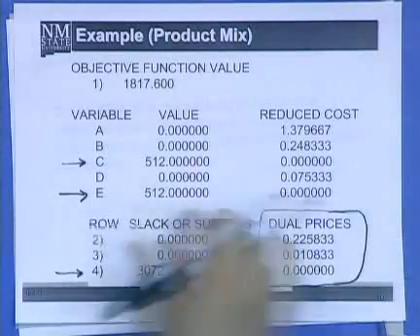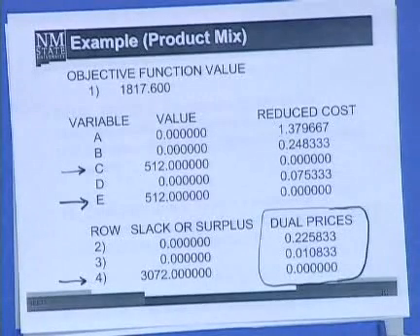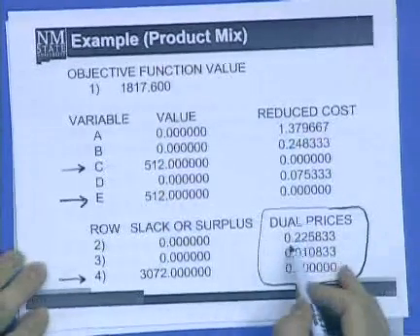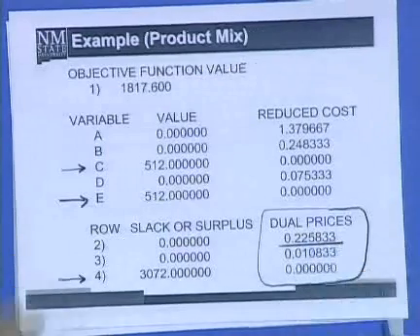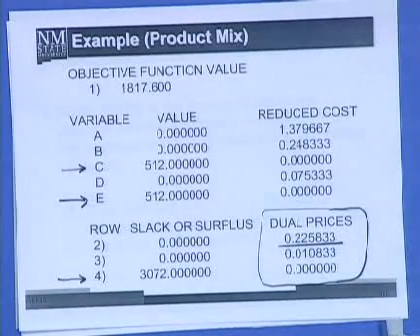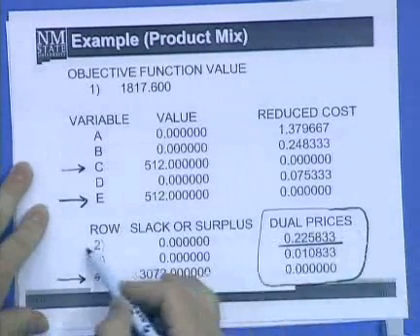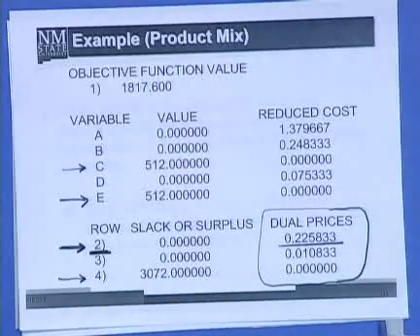Okay. So, because the current optimal solution is not degenerate, this indicates that the profit will increase $0.225833 per additional minute of available time on machine number 1, because the first constraint is the machine number 1 constraint, right?